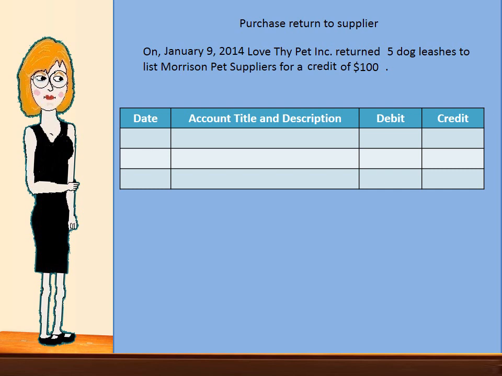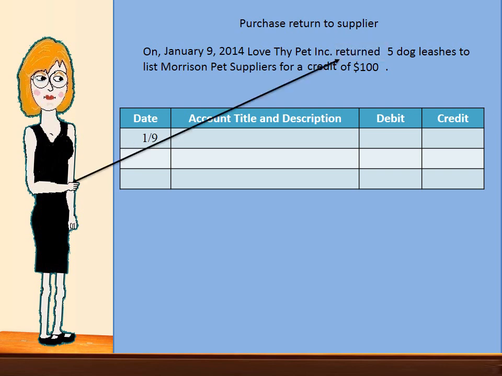Next is the purchase return to suppliers. Not all material enters our store without defects. Therefore, we must record any merchandise that we return to suppliers. The date was January 9th, so we will go 1/9.